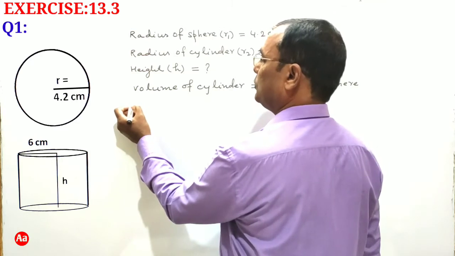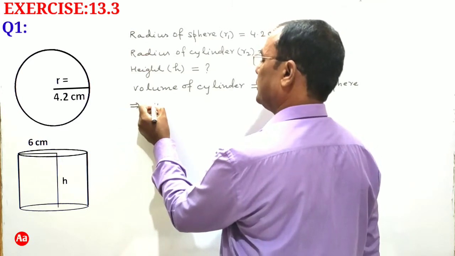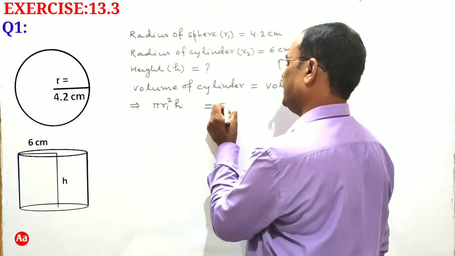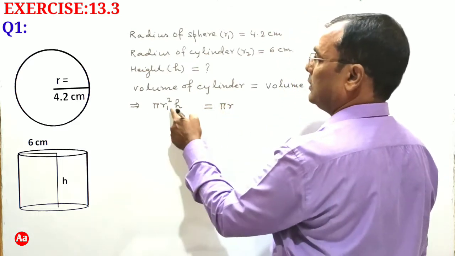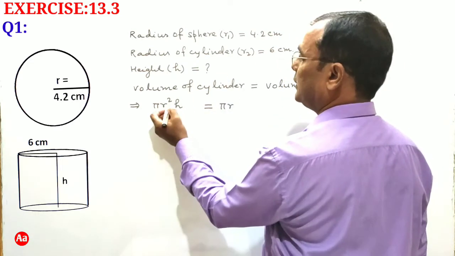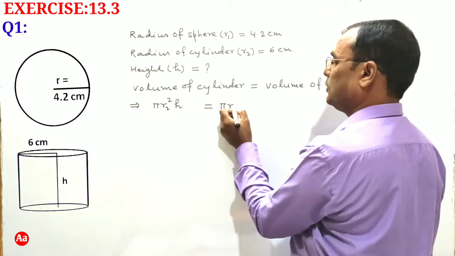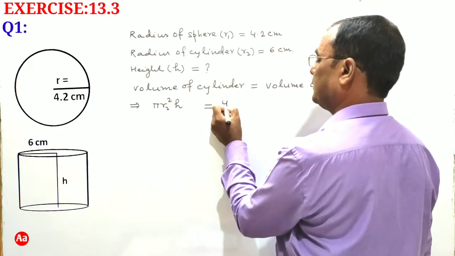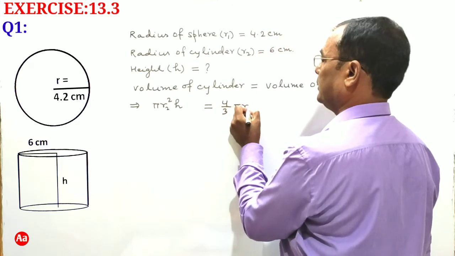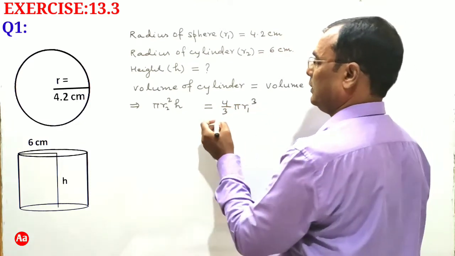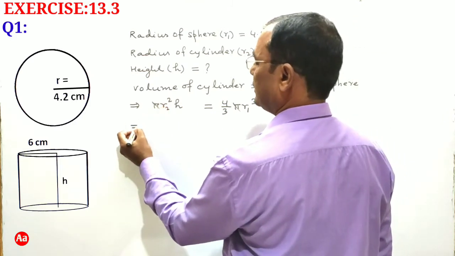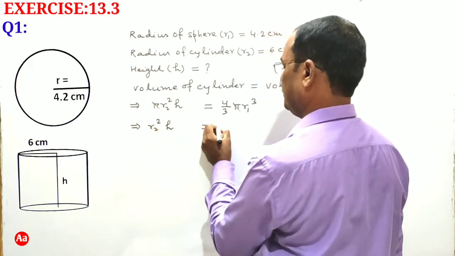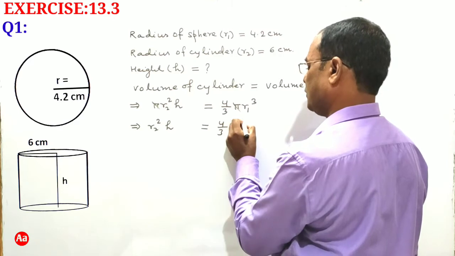Let's use the formula: pi R2 square H, where R2 is radius of cylinder, is equal to 4 by 3 pi R1 cube, volume of sphere. Pi cancels from both sides, so R2 square H is equal to 4 by 3 R1 cube.